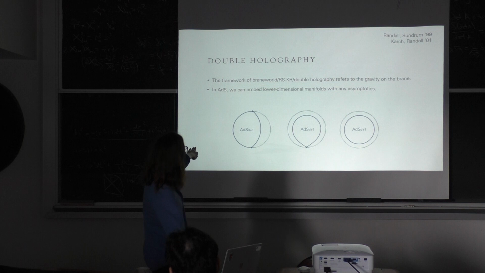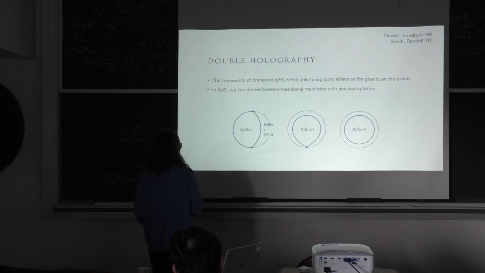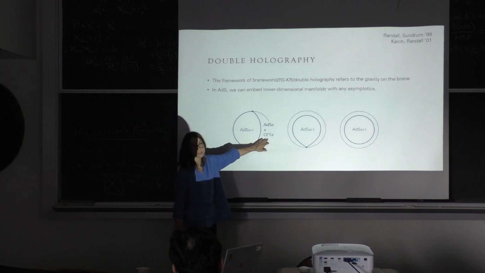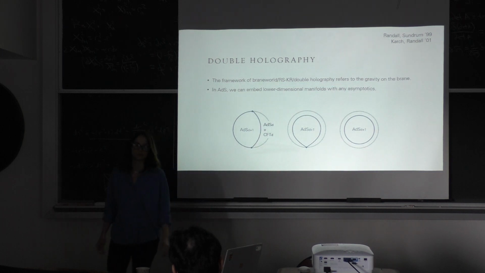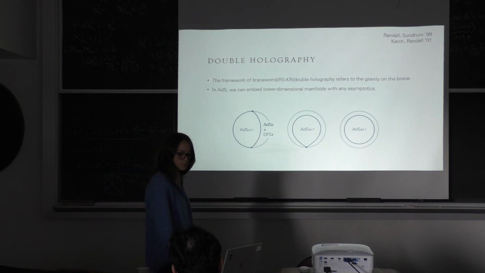On the left, we have a case with an AdS brane. This AdS brane is also coupled to some sort of a quantum field theory. I put CFT here, but it's actually a CFT with a cutoff. In this other case, the brane is representing asymptotically flat spacetime. It's also coupled to some CFT. And the third case is then, of course, de Sitter coupled to some matter as well.